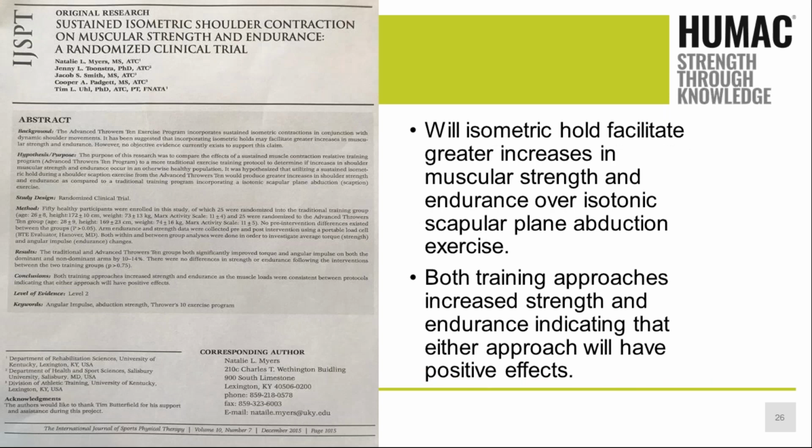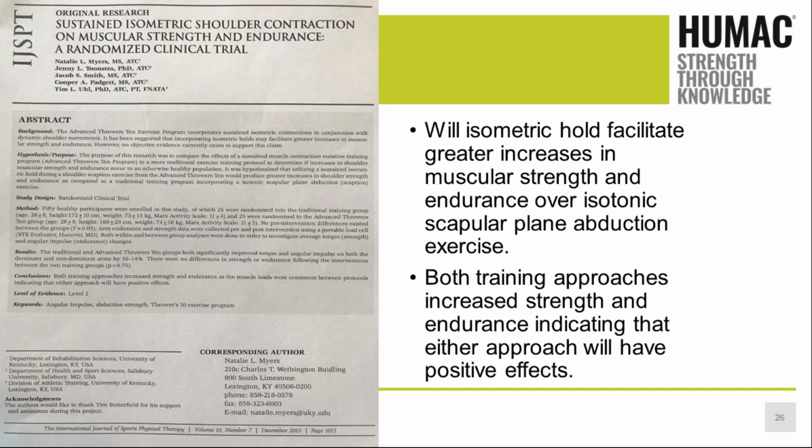And then finally, we all know about the Throwers Ten exercise program. It's been around for a long period of time, and the advanced Throwers Ten, we expand upon that. We call ours the Throwers 25. And this is a great article; Tim Uhl out of Kentucky does a great job with research. What they wanted to look at is whether there is a way to facilitate greater increases in muscle and strength over isotonic scapular plane abduction exercises.